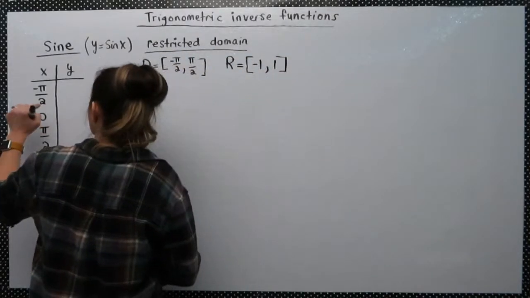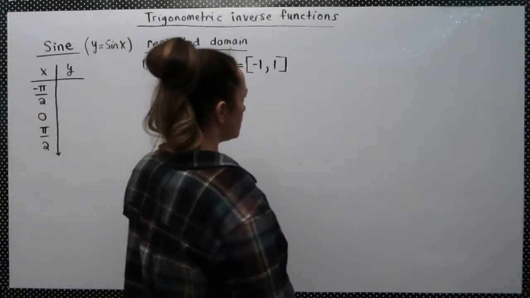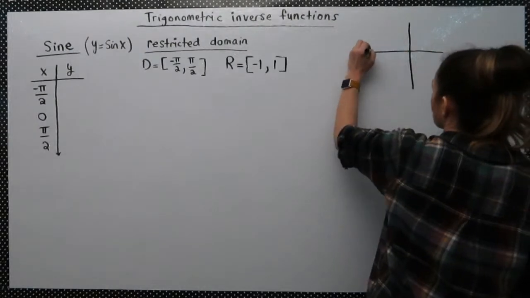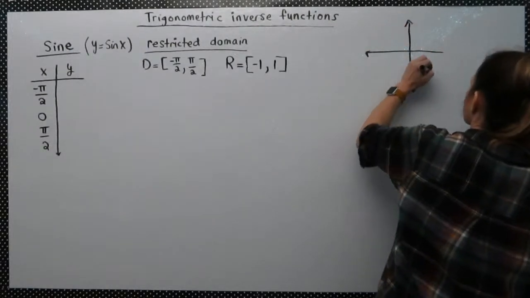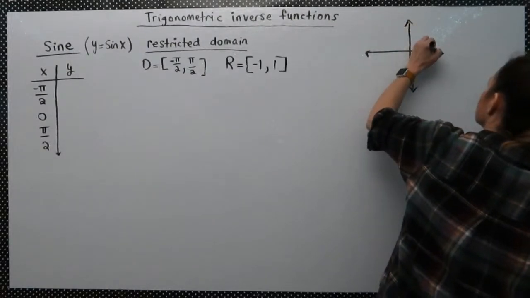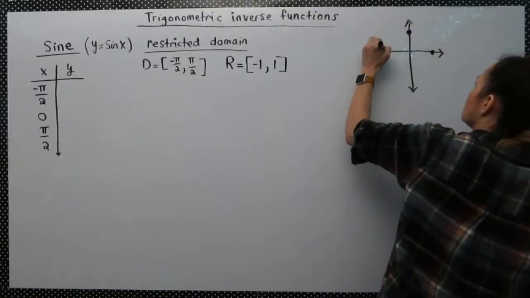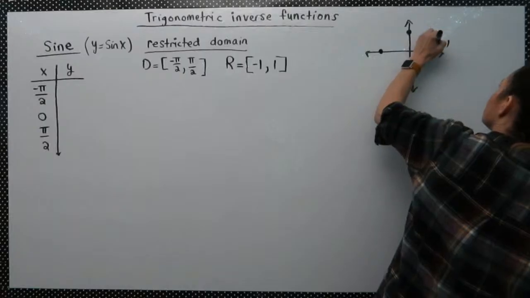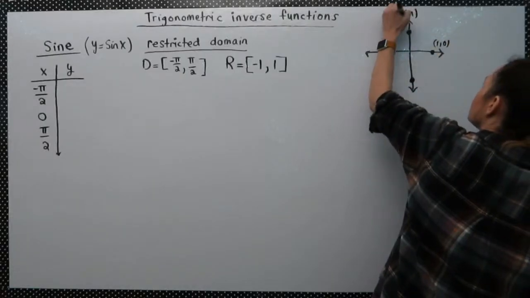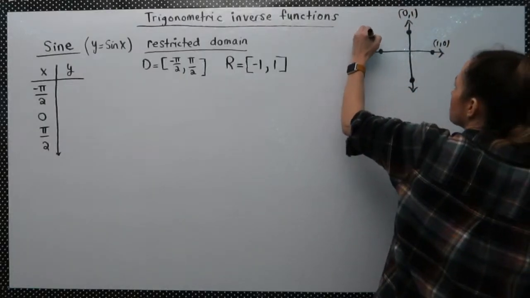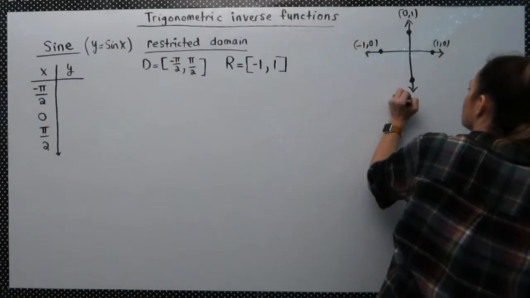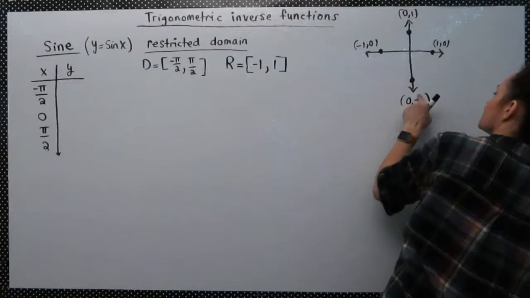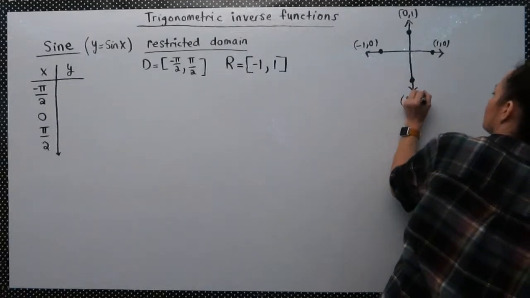At negative pi over 2, let's go ahead and put the 4 corners up here. This is just my real quick makeshift unit circle. We've got these 4 points: 1, 0; 0, 1; negative 1, 0; and 0, negative 1. It looks like a 7.